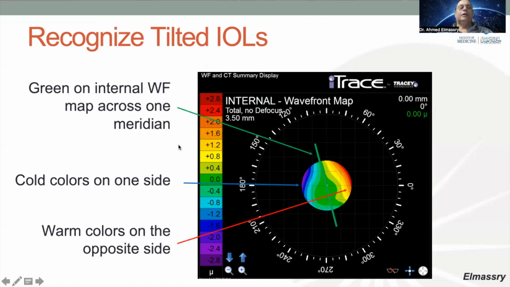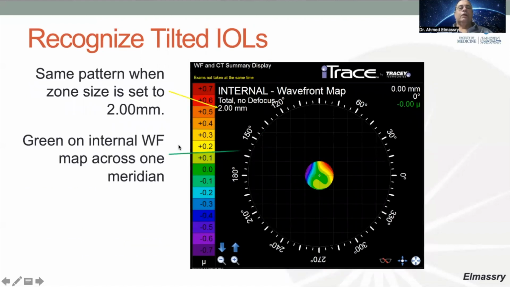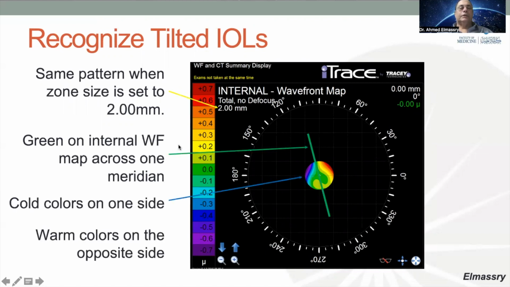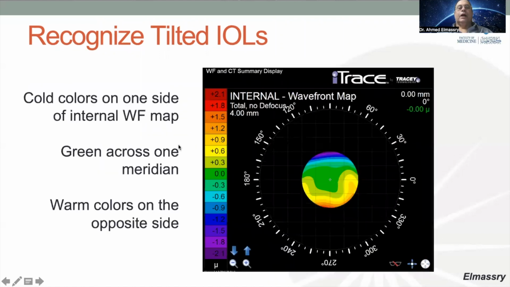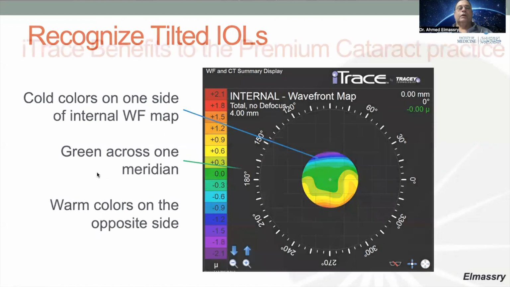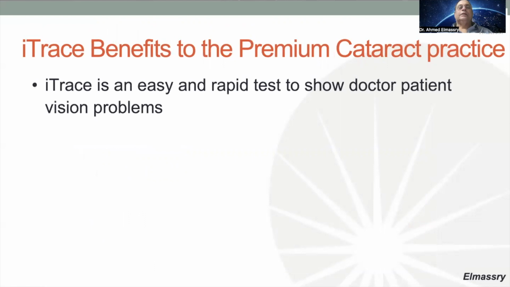It is a rough way to know the tilting of the IOL with this tracing, but definitely with more advancement of science, we can diagnose the tilting of the IOL, whether it is upside down or right to left, and this tilt is very important in cases of multifocal IOLs.